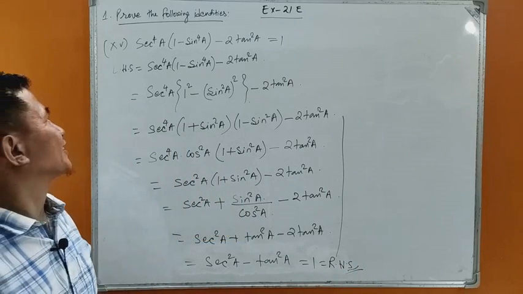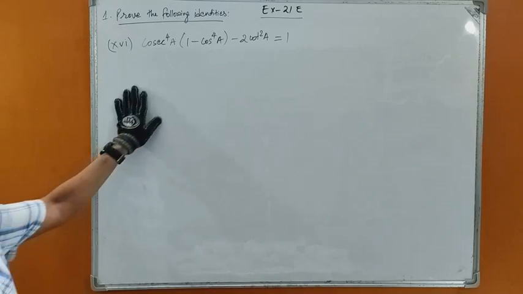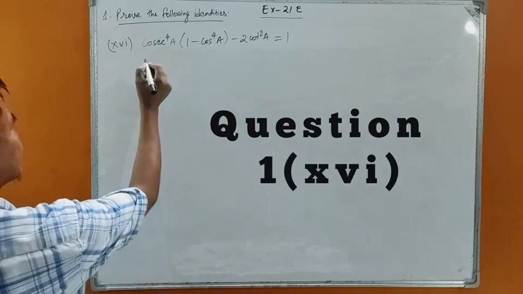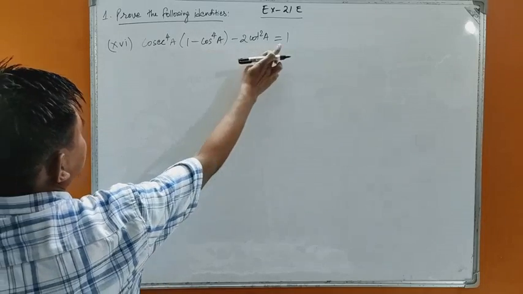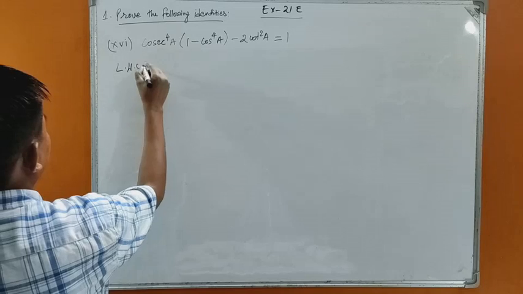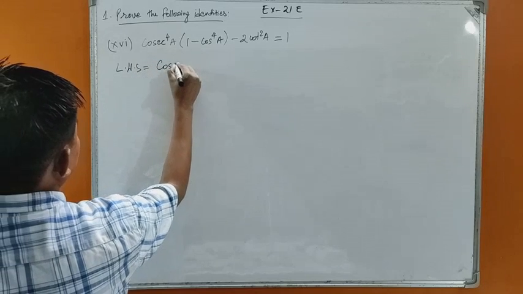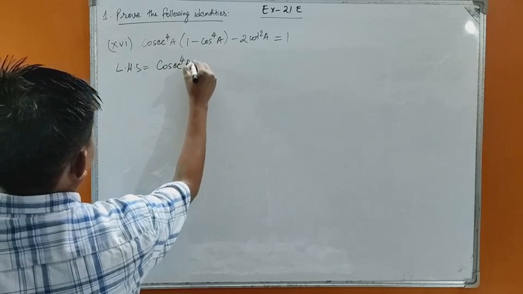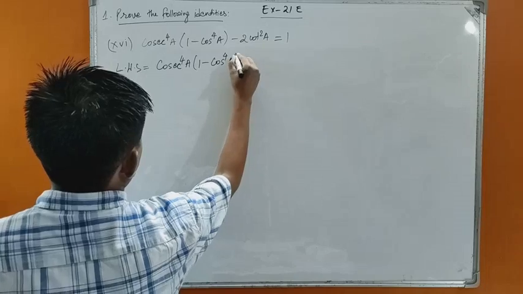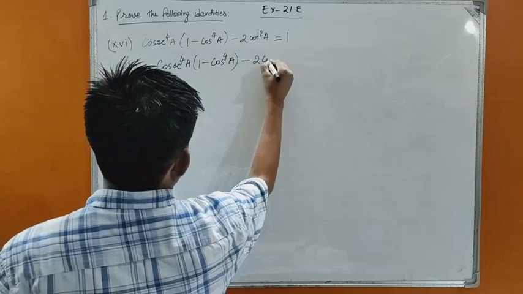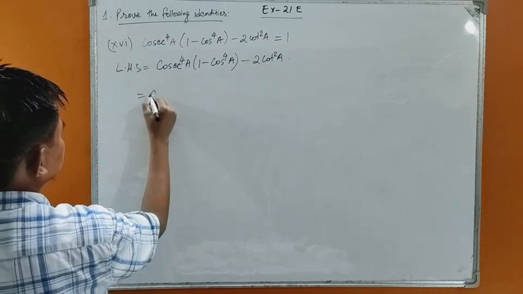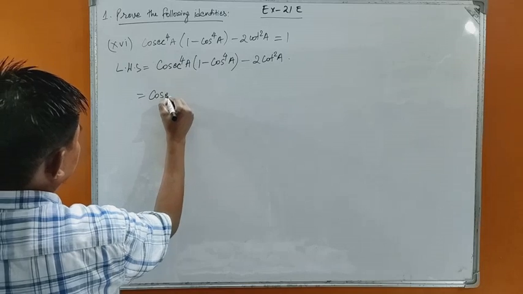Now let us move on to the next question, question number 16. Okay, this question is very similar to the previous one, question number 15, isn't it? So let's do this. We are asked to prove this equals to 1. So let us copy left hand side. LHS equals to cosec to the power 4a into 1 minus cos to the power 4a minus 2 cot square a, isn't it? So let's copy this cosec to the power 4a as it is.